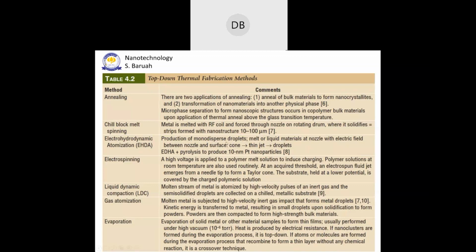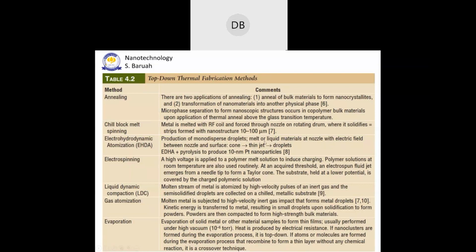If we produce this type of very small droplets, we then use electric fields to melt the liquid at the tip of the nozzle, because we are making droplets. That means this is in liquid form, right? And these small liquids dry, solidify, and they become nanoparticles, okay.